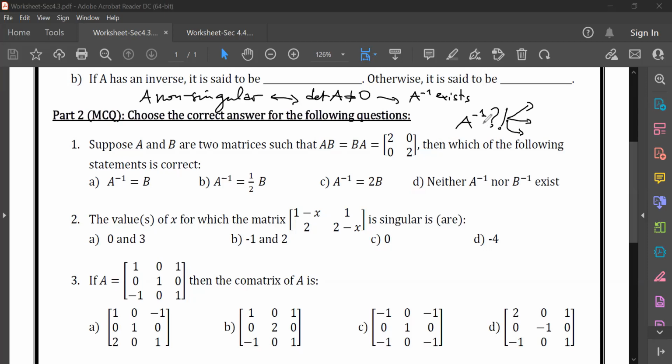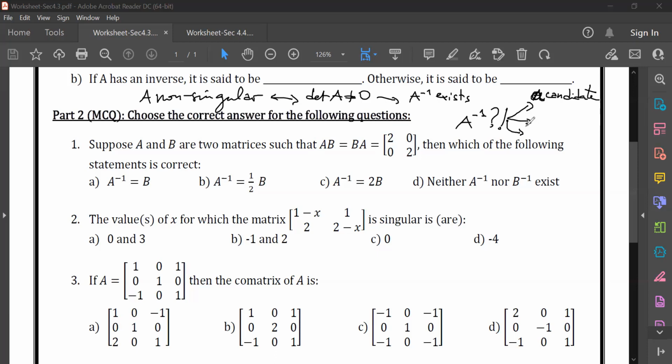The first case is when we have a candidate. So we look for the inverse of matrix A. Many candidates may come up. How do we know which candidate satisfies our requirement? When it gives me the identity.